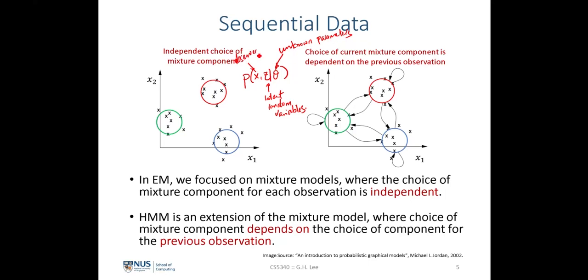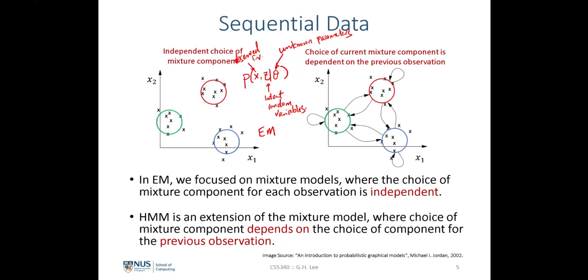These are the observed random variables. And the task was to find the maximum likelihood of the unknown parameters, marginalizing away the assignment or the latent random variables in this joint distribution. And we saw that the EM algorithm, the expectation maximization algorithm, can allow us to find the latent random variables as well as the unknown parameters in an alternating fashion.